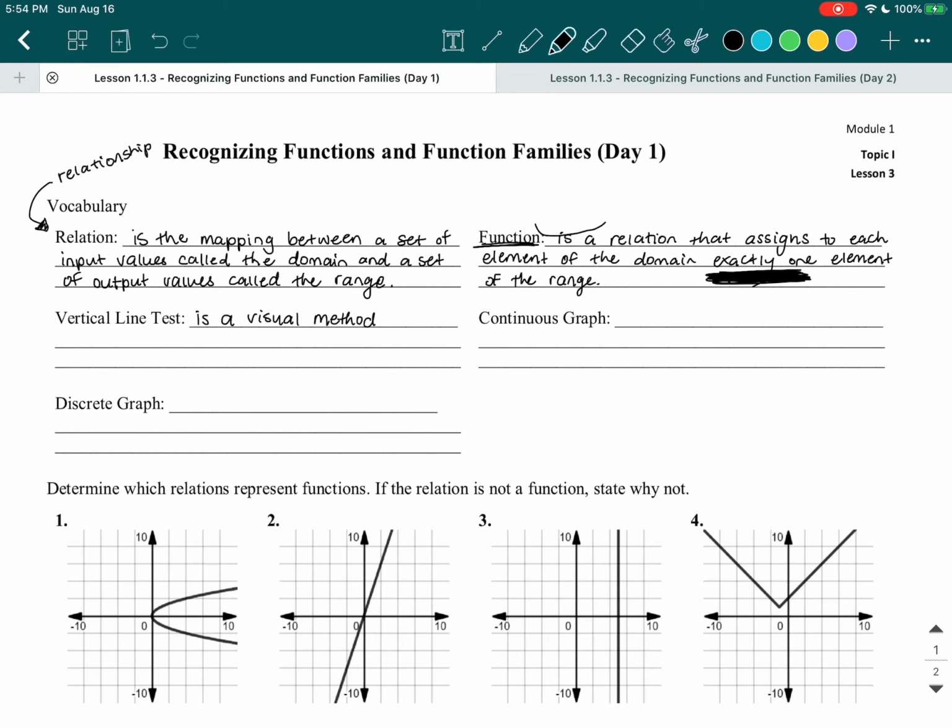The vertical line test is a visual method used to determine whether a relation represented as a graph is a function.